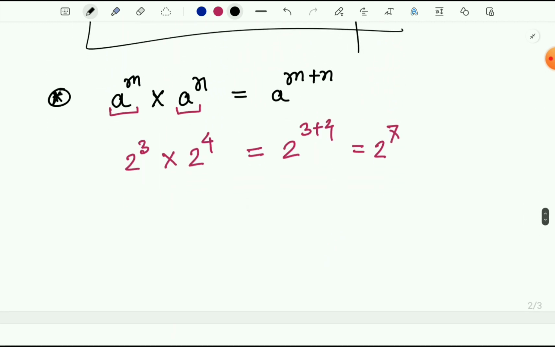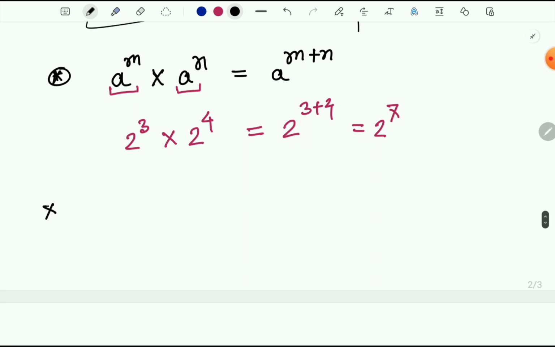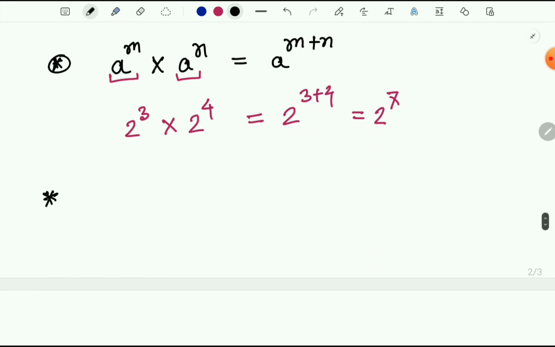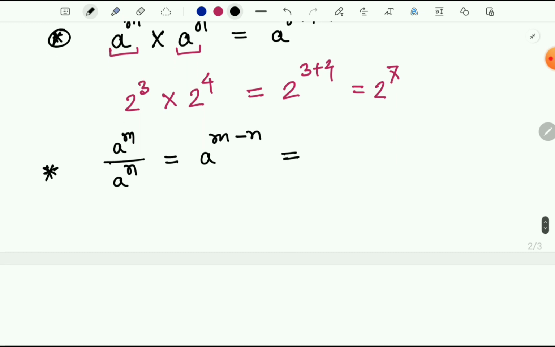Okay, let's move on to our next formula. What if we divide two exponential terms, like a power m divided by a power n? In this case, we can write a power m minus n. Let's have an example.